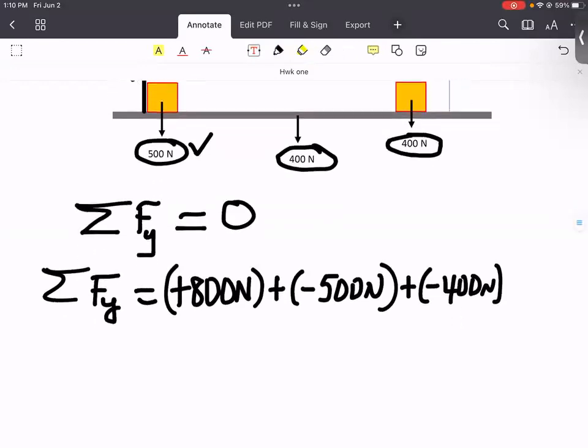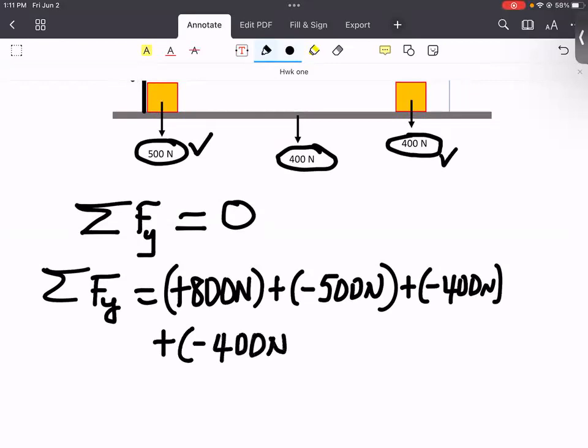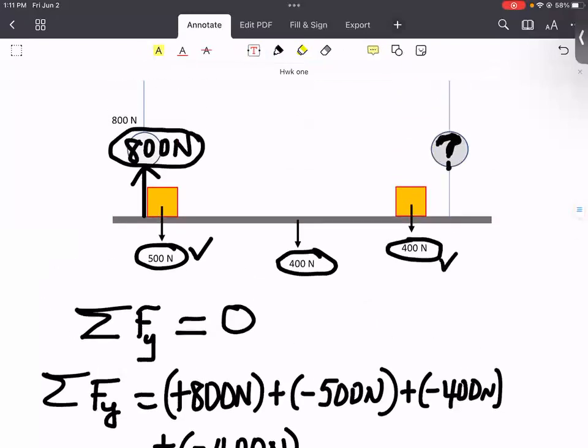We're not done yet. We now move on to this weight, so that will be plus, open bracket, negative 400 newtons. And we also have this force acting on the system of interest, the tension force here. We don't know how much that is.